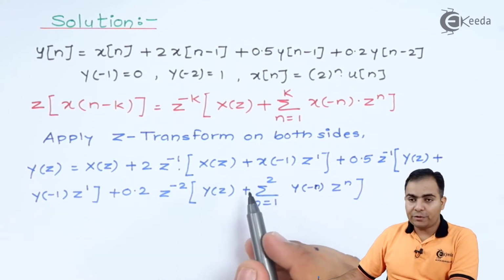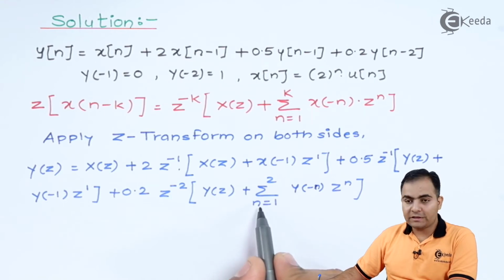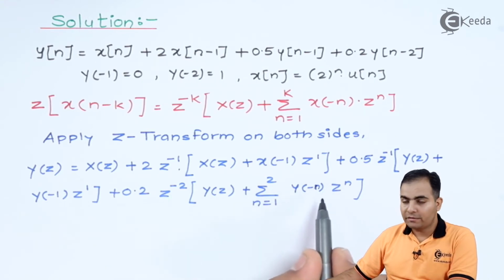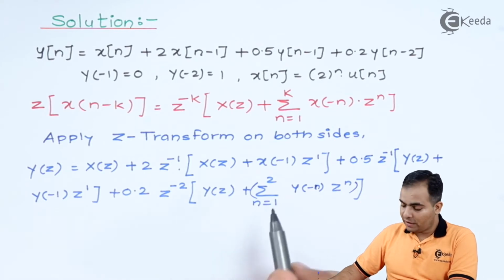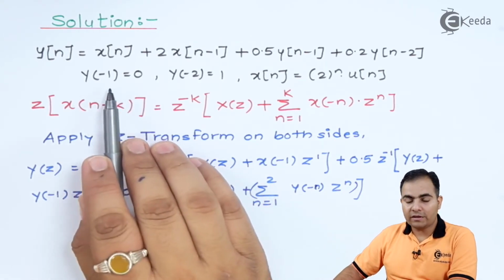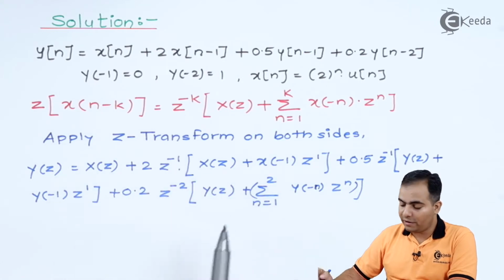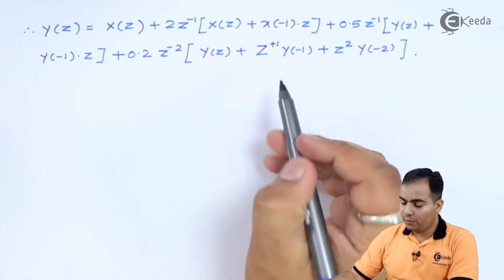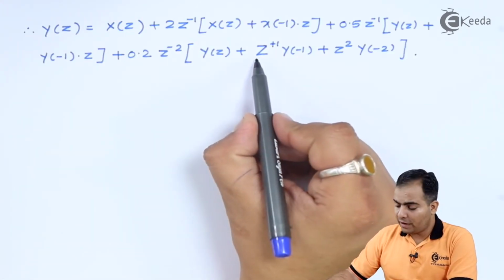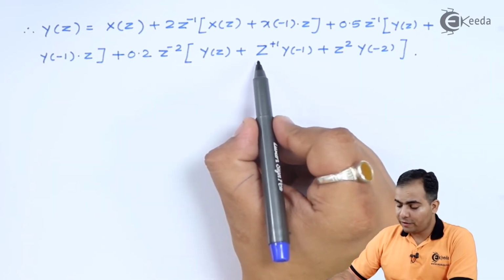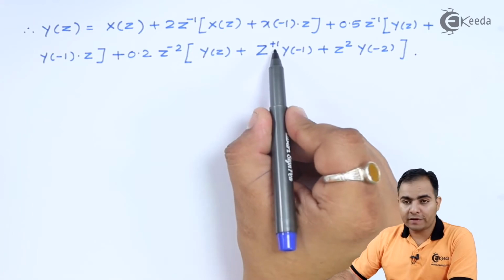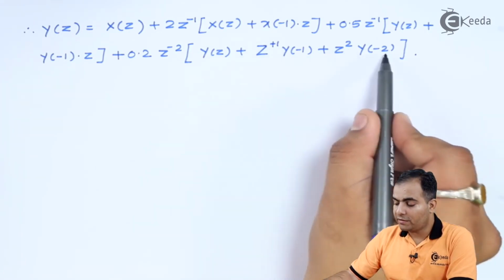Now I'm going to substitute this n value inside this y of n function, and then I'll substitute all my constants or initial values in that solution. Now look here, I have opened this last summation bracket, so I've substituted my value of n from 1 to 2. First I substituted n equal to 1, and then 2.